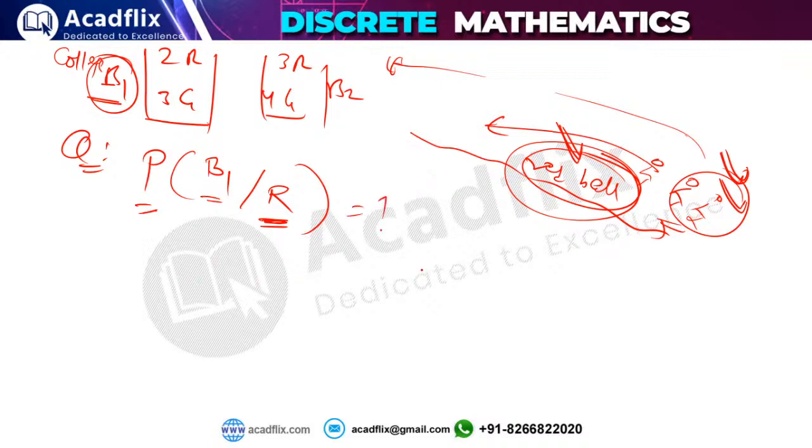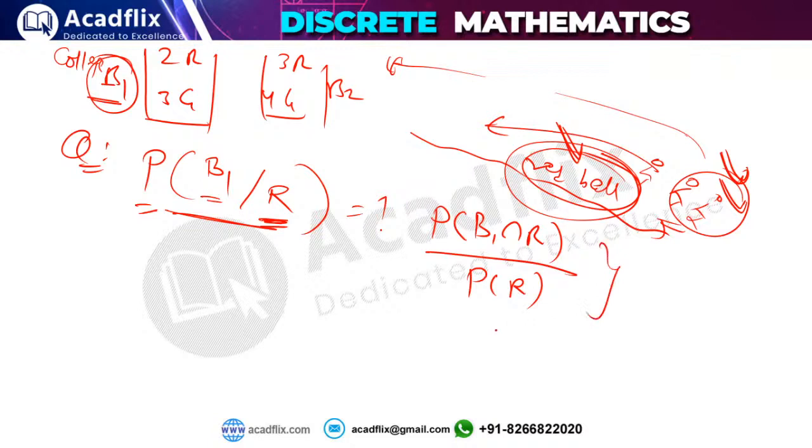Look at here, this again is a conditional probability. So what will the answer be? The answer will be probability of B1 intersection R. Just apply the formula, this conditional probability we have already seen. The formula says probability of B1 intersection R divided by probability of R. This is the conditional probability formula I have applied.